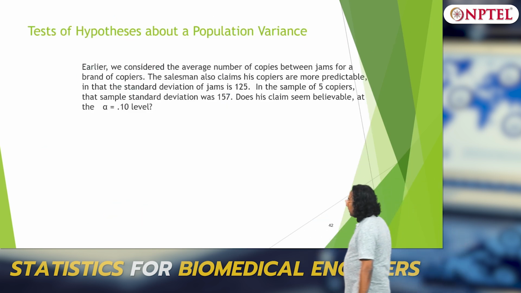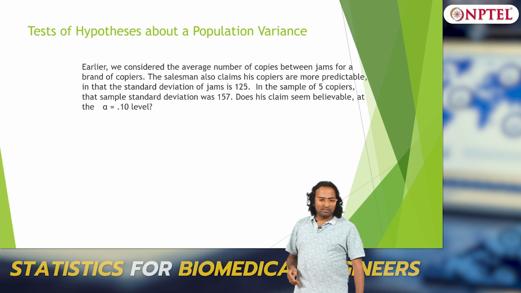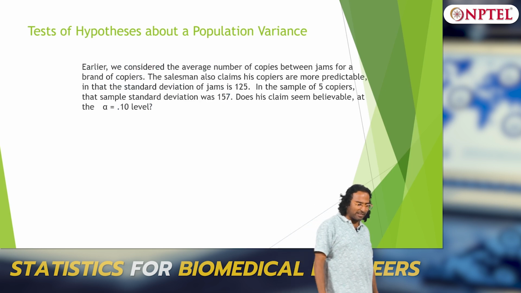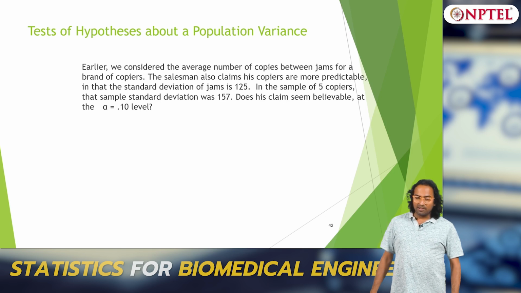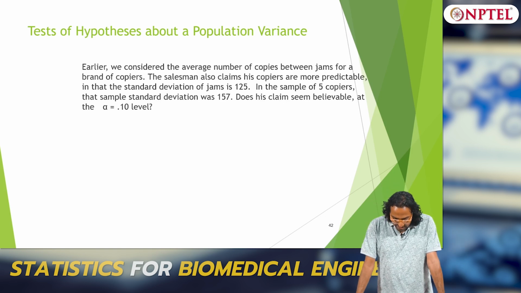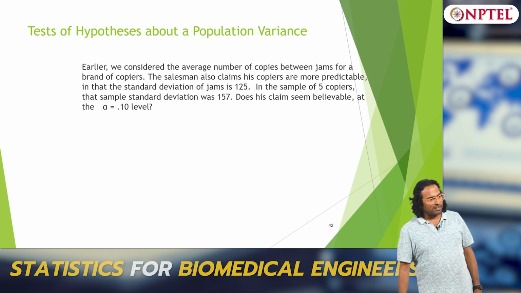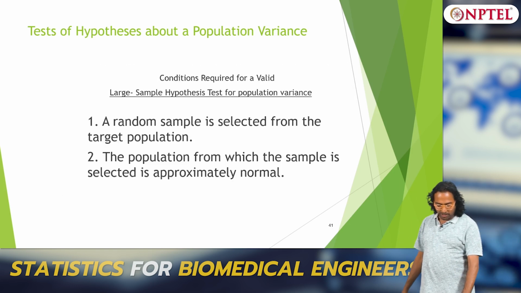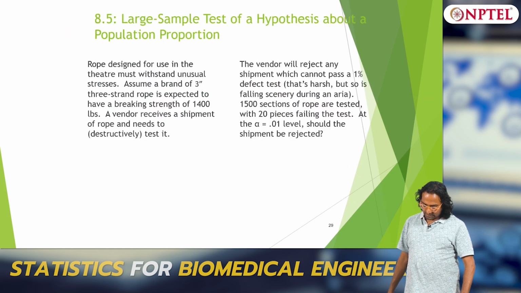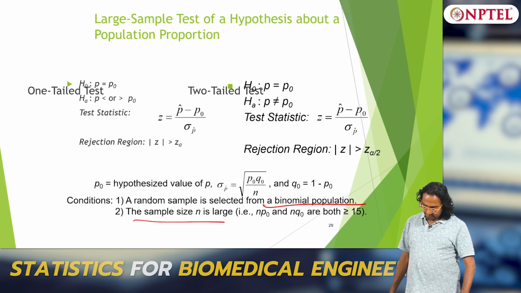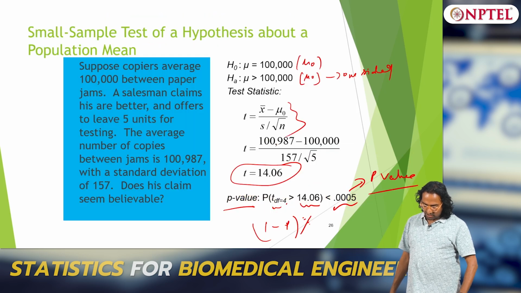Remember the copier example: a person gets 5 copiers and we had a mean value. Now, instead of a mean, the salesman also claims his copiers are more predictable, in that the standard deviation of jams is only 125. In the sample copiers, the sample standard deviation is 157. Let us go back to the example.